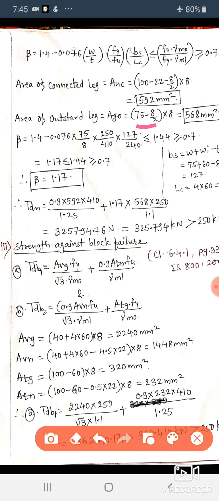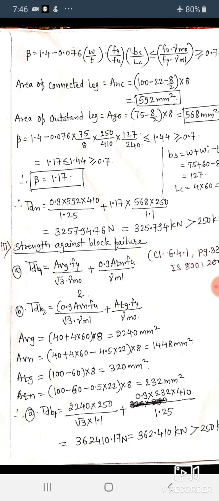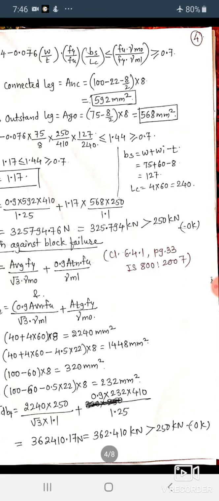Now from the beta formula, W is nothing but the length of outstanding leg, Fy is 250, Fu is 410, Bs is nothing but W plus Wi minus T. Wi is nothing but the gauge distance and W is nothing but the length of outstanding leg.